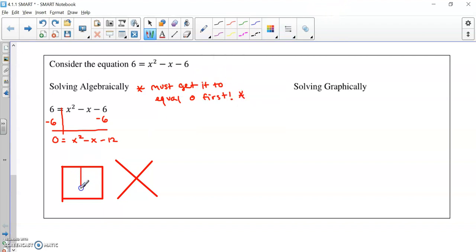Oh, I should have done the insides too. Okay, not bad. X squared goes in the first box, negative 12 down here, and then the diamond, we have first term times the third term. Down here we have negative x. I'm going to write negative 1x just to make it more obvious that we're looking for a negative 1.